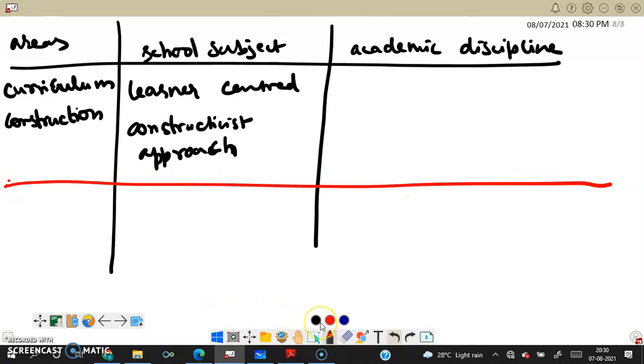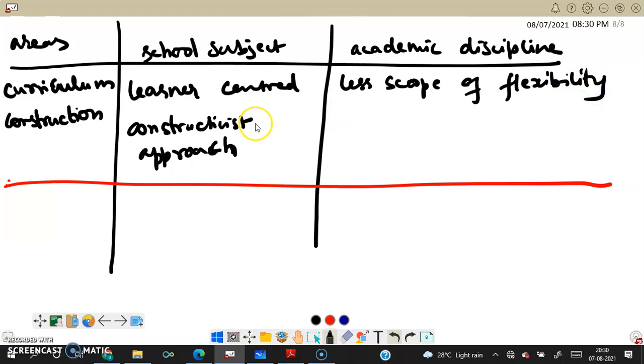What about the academic discipline? Here we can change the curriculum according to the group of students. In the first year you might use one thing, and with the next batch something different. But in the academic discipline, flexibility is very little. You have to work within the discipline, with less scope for change of knowledge.